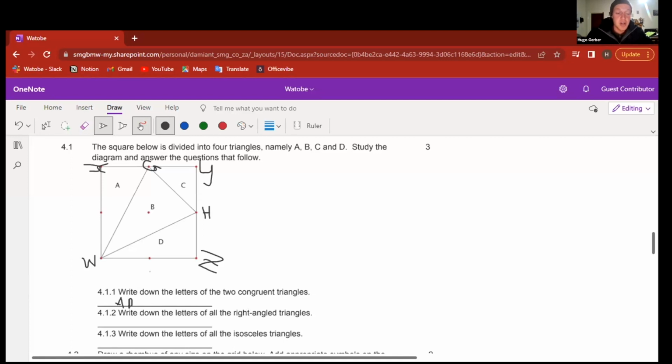So the correct answer, because we have two long ones in the one triangle and two short ones in the other triangle that are the same length, we know that the two isosceles triangles would be B and C. Good.